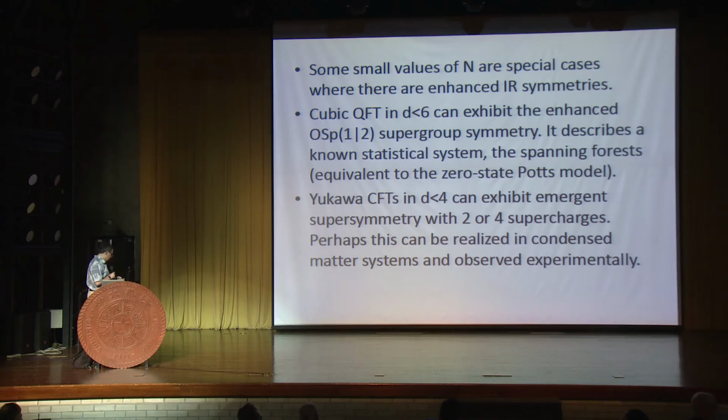And the thing that I stressed in this talk is that something special can happen at low N, where there are enhanced IR symmetries, including boson-fermion symmetries, like supersymmetry or supergroup symmetry. And in particular, some very simple Yukawa CFTs in d less than 4 exhibit this emergent supersymmetry, which you can study order by order in epsilon expansion. And the hope is that these can be realized in condensed matter systems, and perhaps even something can be measured along these lines. Thank you very much.